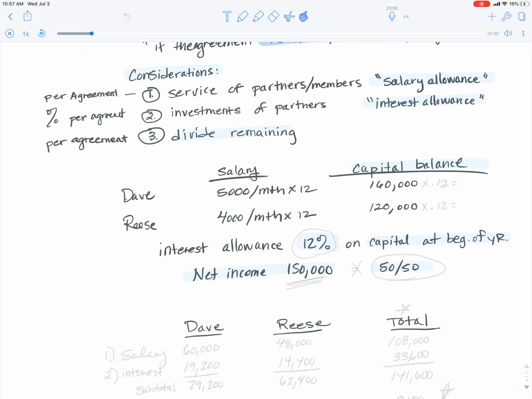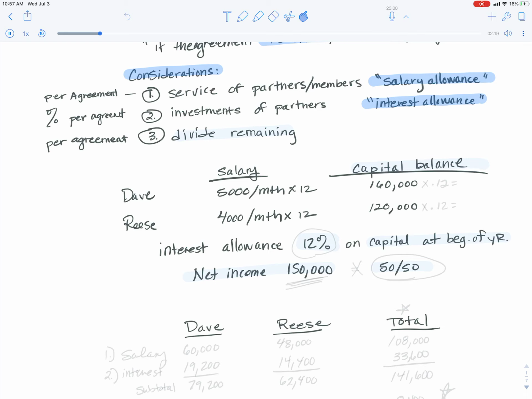So the first thing that we're going to do when we are splitting up income is we'll specify a salary allowance. Maybe some partners work actually in the business more than others. So we're going to split up some of our partnership income based on what we call a salary allowance, and that comes out first. Then some partners might not work as much as other partners, but they put in more money into the company to keep it going.